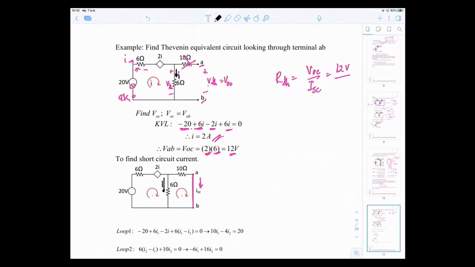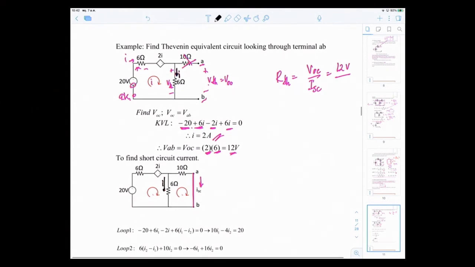So we did KVL for each mesh. Minus 20 plus 6I1, now that I is I1, minus 2I because there's a minus sign here, plus 6 I1 in the positive direction, since we are in mesh I1, and I2 goes into a negative, equal to 0.